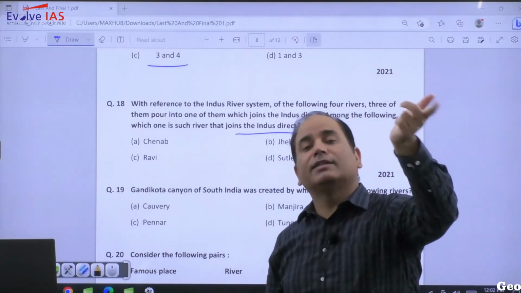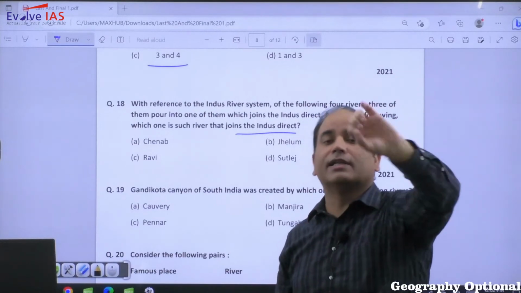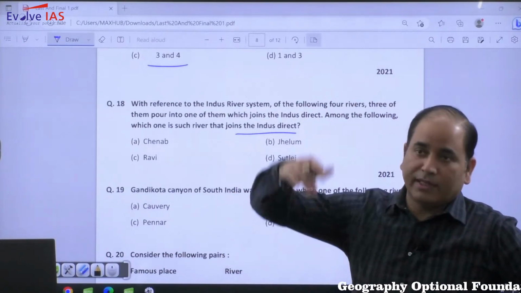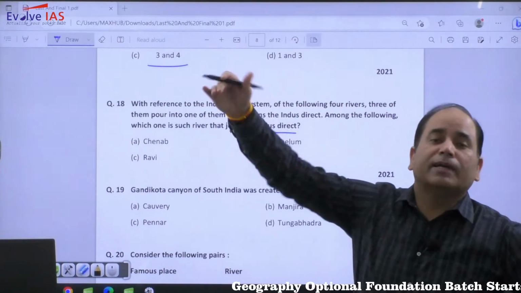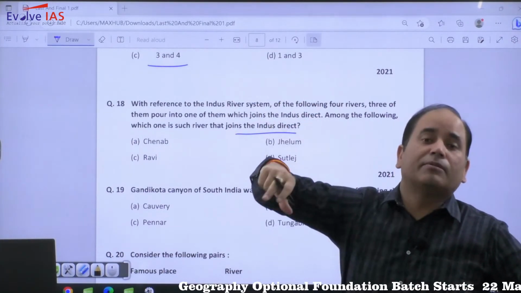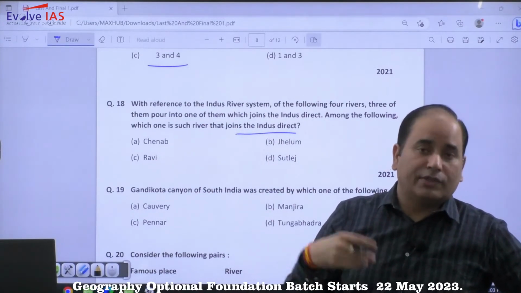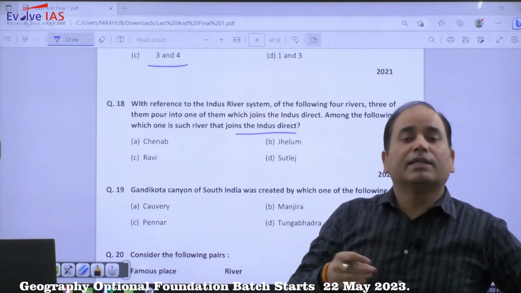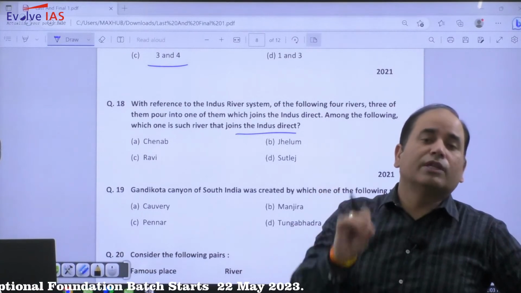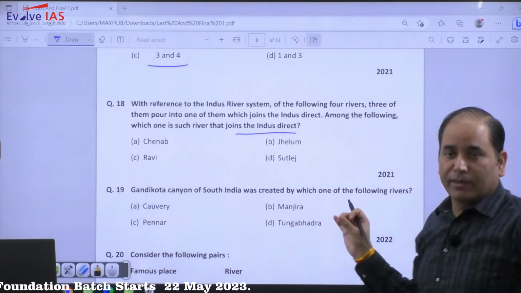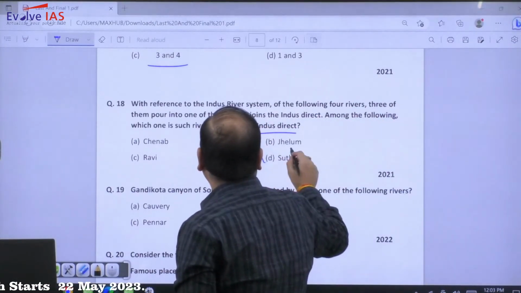Jhelum river enters Pakistan, and then Chenab river is joined by Jhelum near Jhang in Pakistan, and the same Chenab river is also joined by Ravi. So Chenab is carrying the waters of Jhelum, Ravi, and ultimately Chenab is joining the Satluj nearby Mithankot. So the Chenab river is meeting the Satluj river, and Satluj river is joining Indus river. So answer of this question will be Satluj.